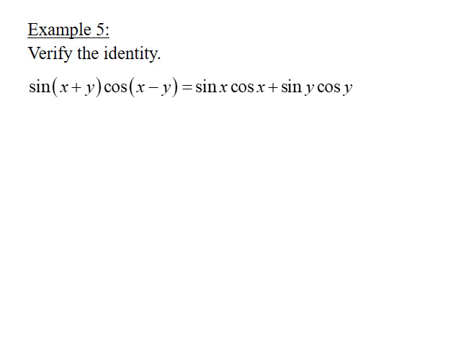So I'm going to start with the left-hand side, and I'm going to let this be u and this be v, which is messy, but it ends up working out. So I'm going to use sine of u cosine of v, that formula. All right, so when I do, the left-hand side becomes 1/2 of sine of u plus v.